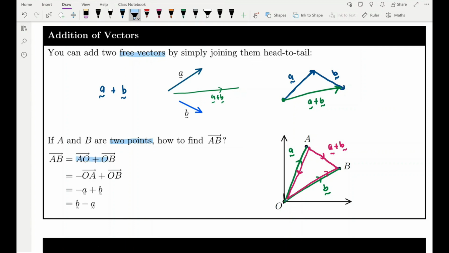From this vector, we know that A is OA, but AO means negative, the negative direction, the opposite. And then plus OB, still plus OB. So we can get negative A plus B, or we just write it as B minus A.